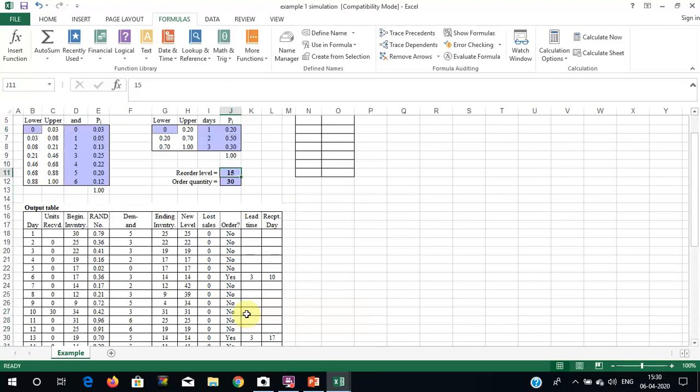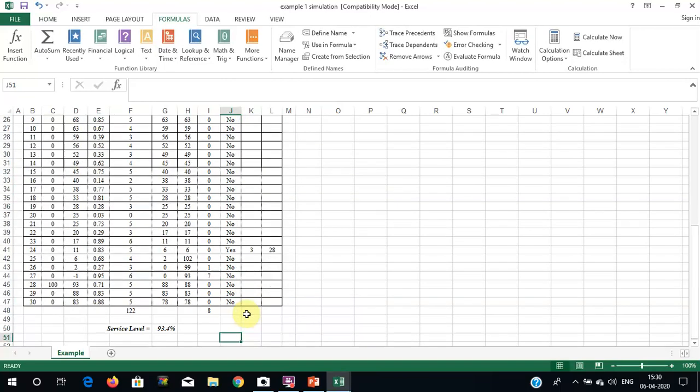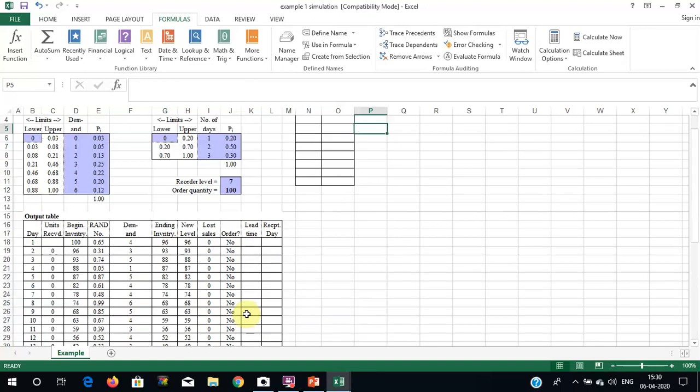But suppose this becomes 7 and this becomes 100, and you can see our service level has reduced to 93.4%. So this inventory policy may not be so good. Suppose our reorder level becomes 1 and our order quantity becomes 200, and again play with the random number here.